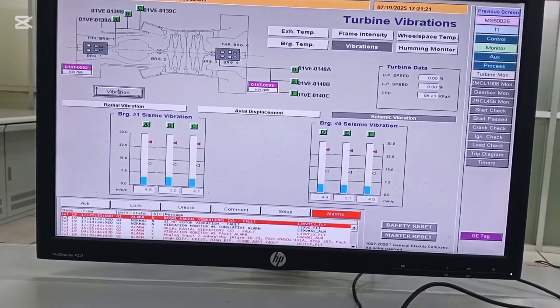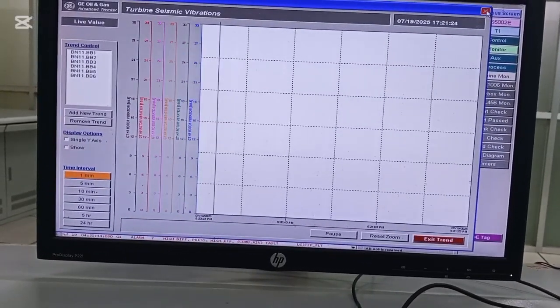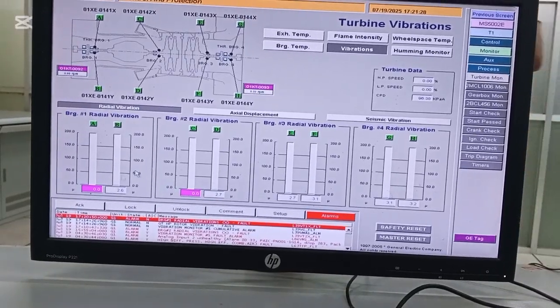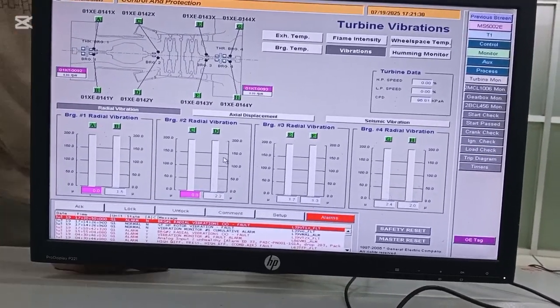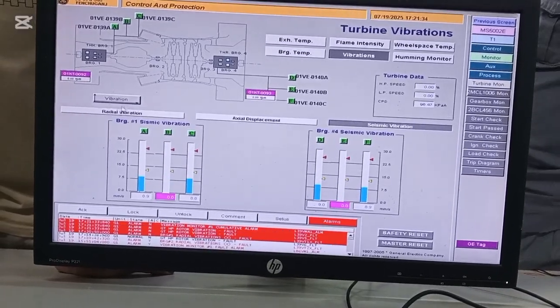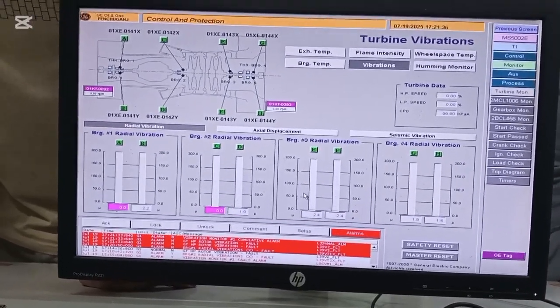So we found that the problem was also showing in the seismic vibration, but the problem was with the radial vibration sensor.